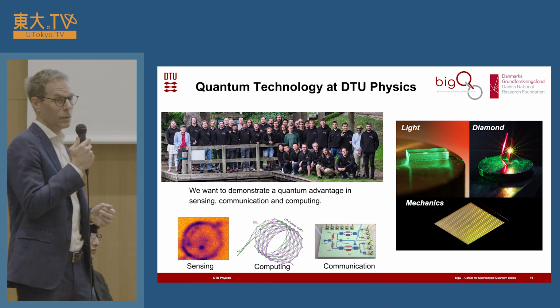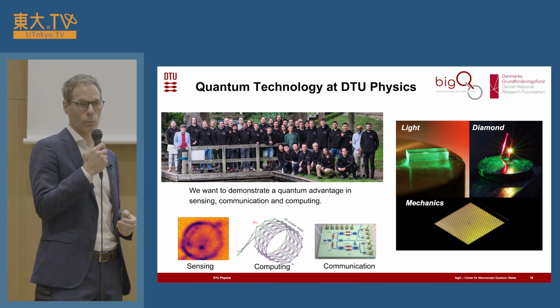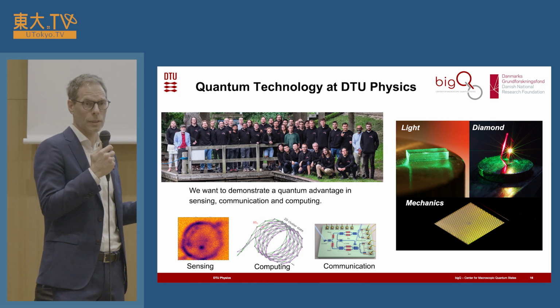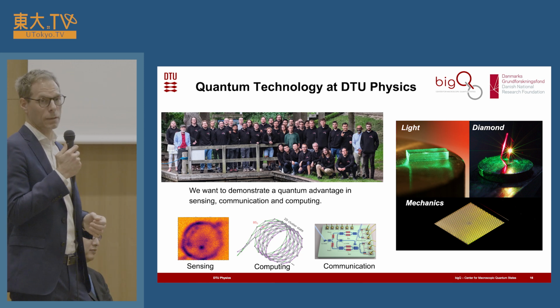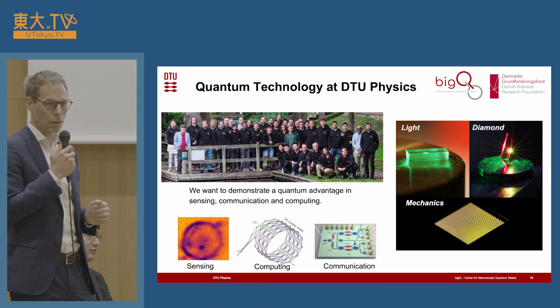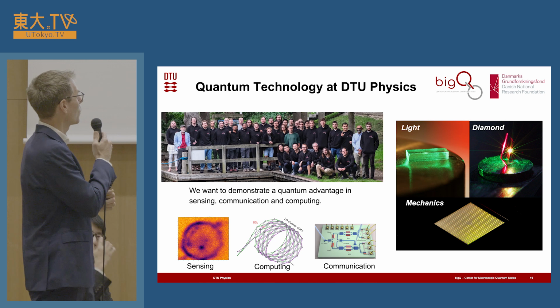We are working on exactly the same in Copenhagen, a collaboration between many universities in Denmark, to set up a secure network in Copenhagen, but also coupling Copenhagen to Odense.